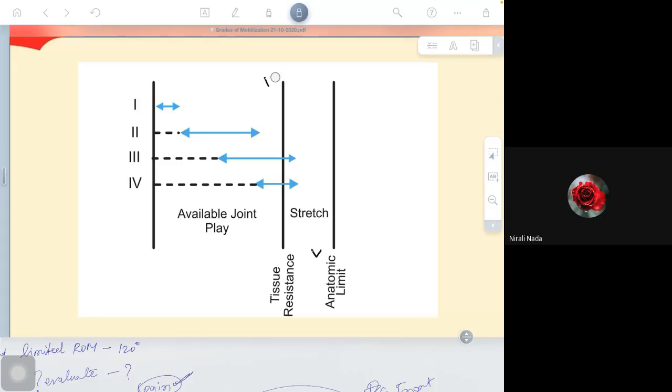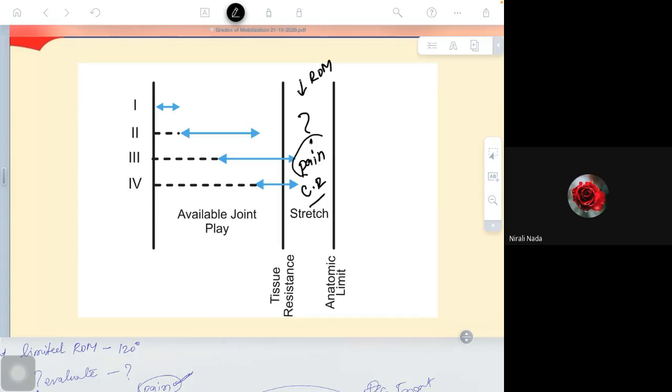Yes? Yes, sir. So already we discussed, what is the reason for this limited range of motion? I have told it may be due to pain or it may be due to capsular restriction. You have to find out why the range is reduced, because of pain or because of capsular restriction. What is the use of finding it? Because the treatment dosage is different.